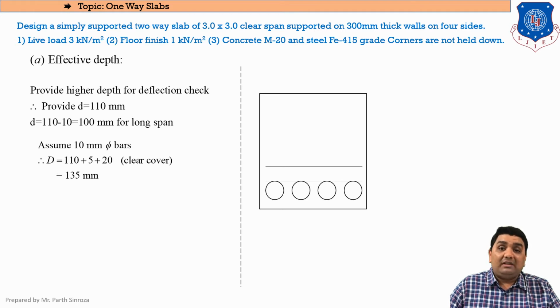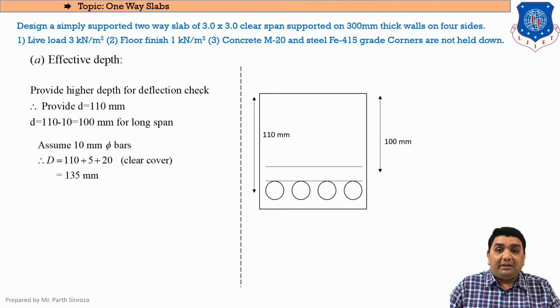As we have seen that D was 71 point something, but keep in mind we will always be substituting dx, that is this distance, to be 110 mm. This distance will always be 110 mm, and for the y direction bars, this distance will always be assumed to be 100 mm.